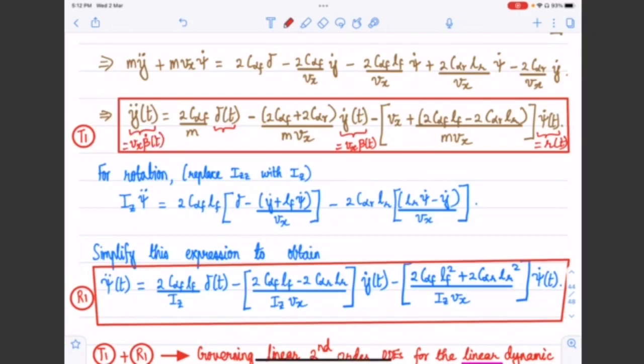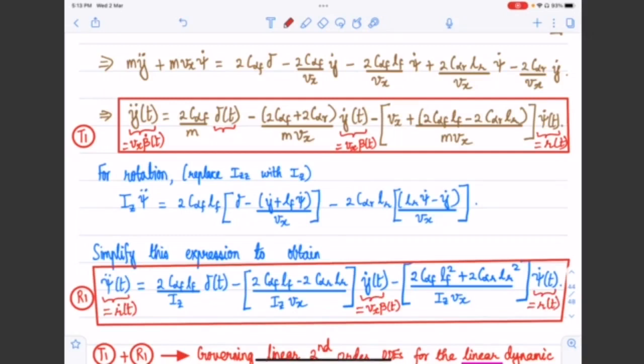Similarly, we go to equation R1. Psi double dot is nothing but r dot. Y dot, once again, is going to be equal to Vx times beta. And psi dot, as we know, is the yaw rate, r of t. So we are essentially rewriting T1 and R1 in terms of the yaw rate and the side slip angle.